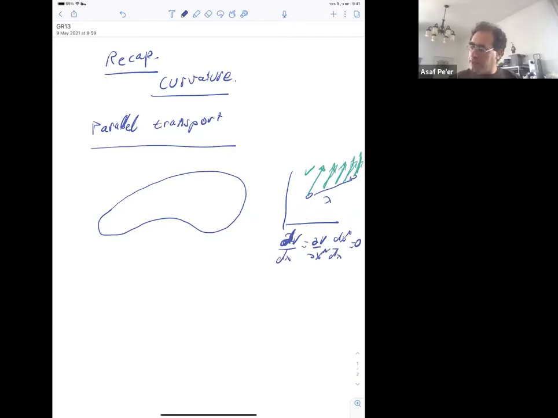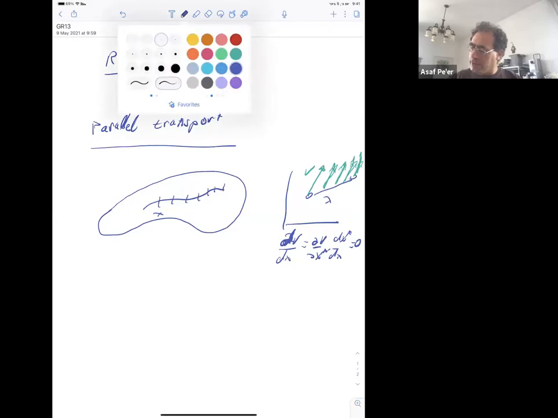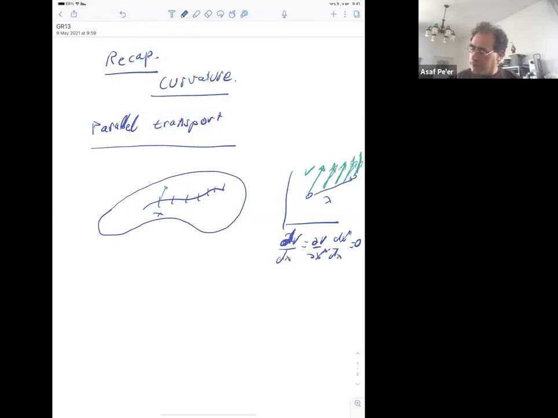So we want to do the same in a curved space-time. We choose a path lambda, and we take a vector, and we just transport it parallel to itself. And of course, what will happen now is that instead of the partial derivative, we will write it in terms of the covariant derivative.